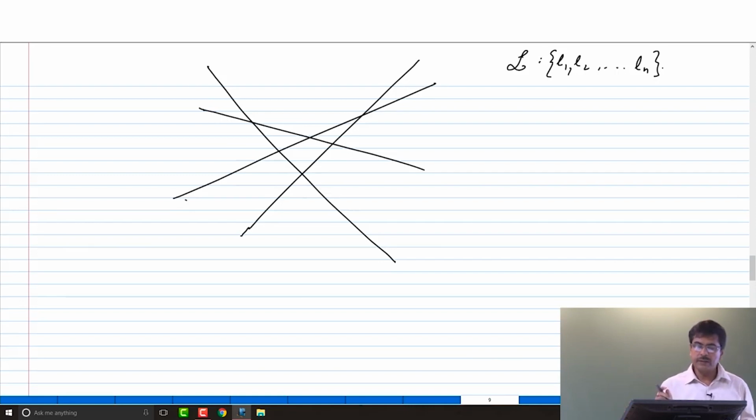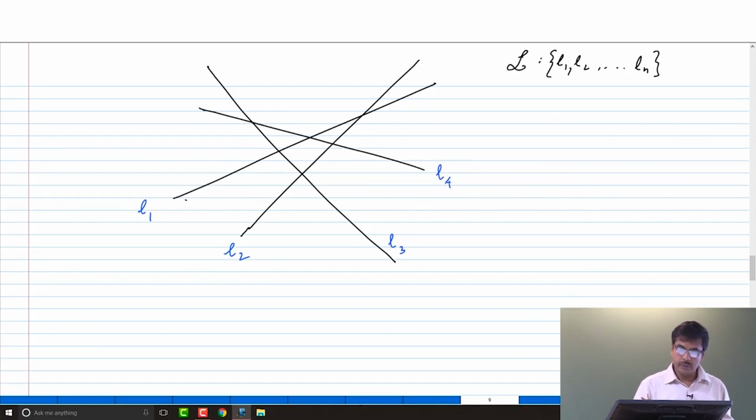So the first thing to note about such a structure is, let me just label them first. There are only 4 lines I have drawn. So I have these 4 lines. Of course, in general there are many more lines.